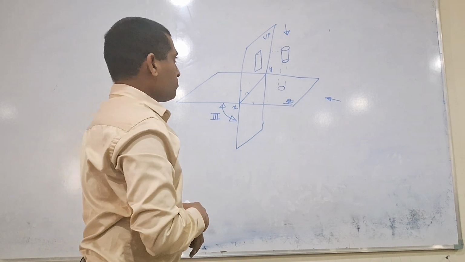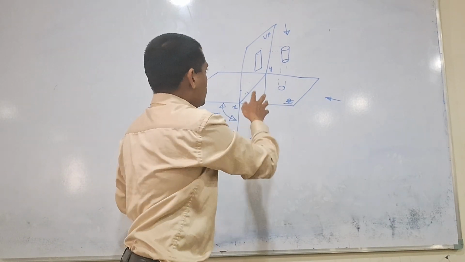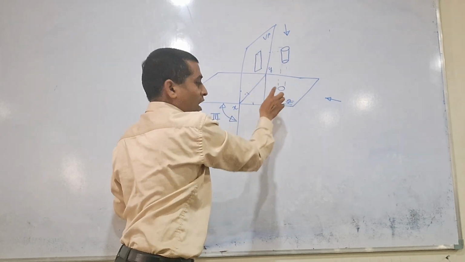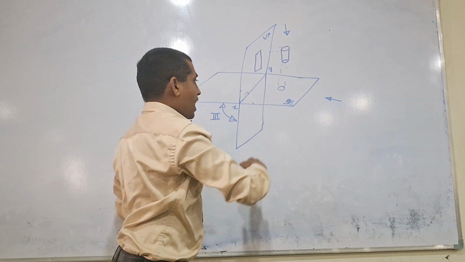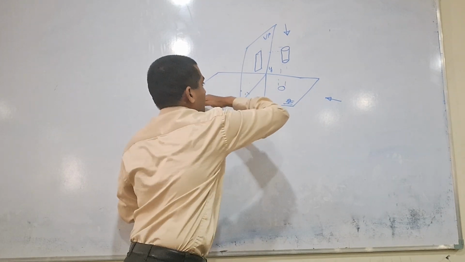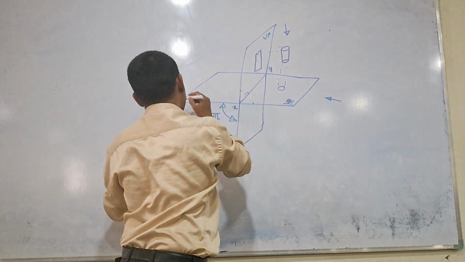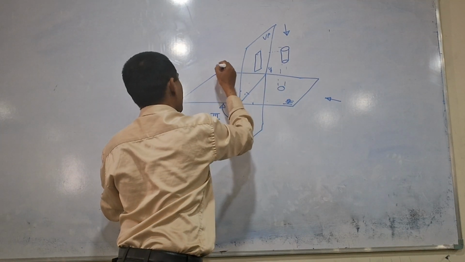Now if we see this front view and top view, we rotate this HP plane in a clockwise direction like this, such that it coincides with VP.